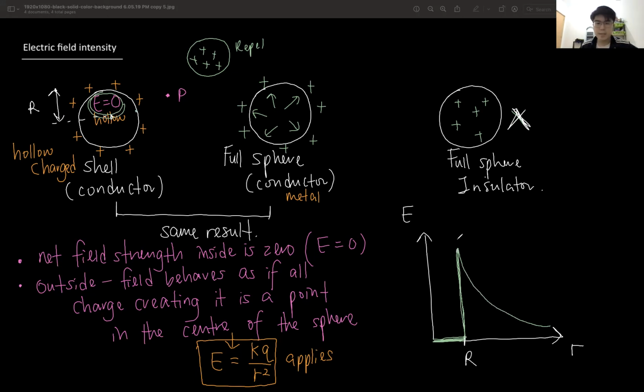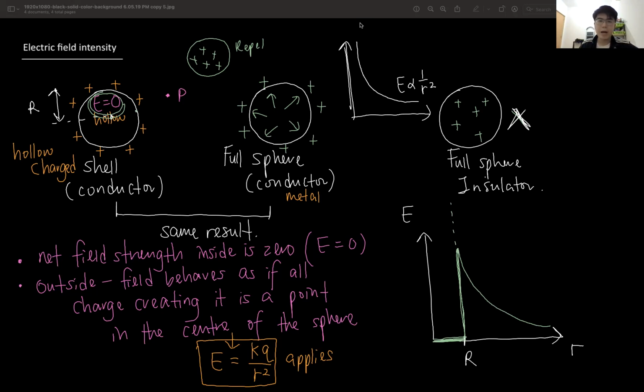You can see this section of the graph on the right side of the R is similar to the one that we drew earlier. This is E, the inverse square law, 1 over R squared.